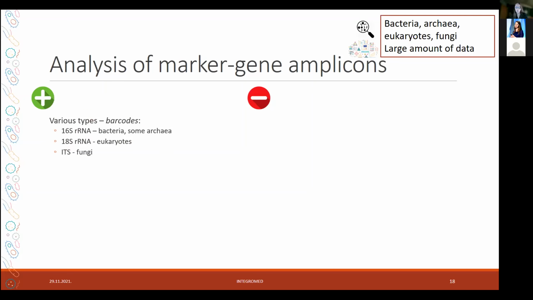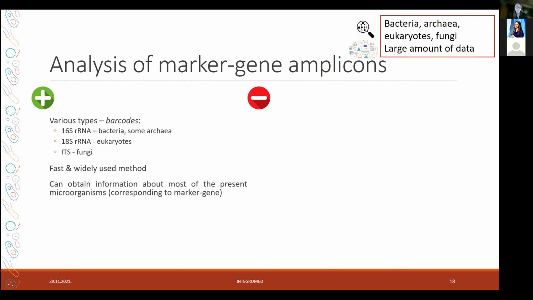So we can choose what we want to see, and it's also quite fast and widely used. Maybe nowadays, due to cost effectiveness, metagenomic sequencing may catch up to this quite soon, but I would say the most data are definitely in these marker gene amplicon methods.